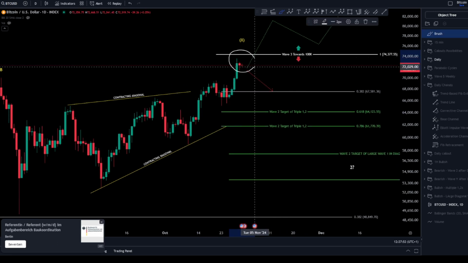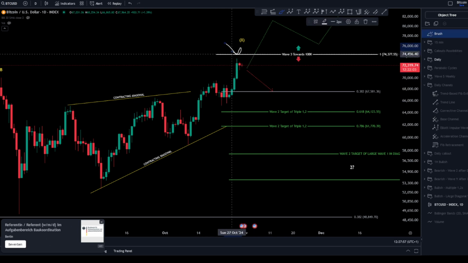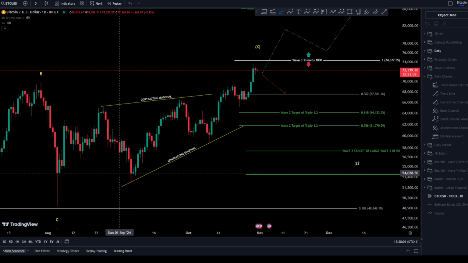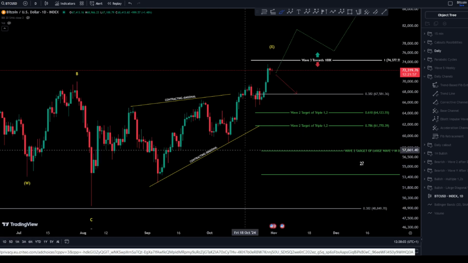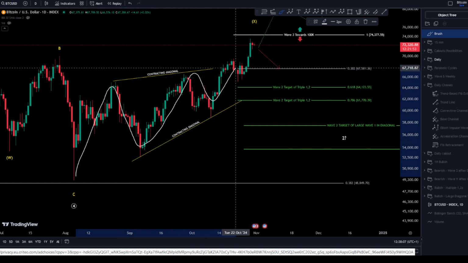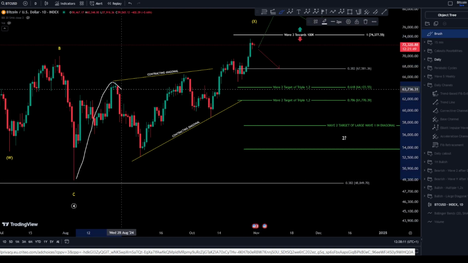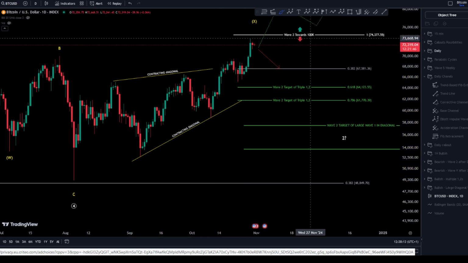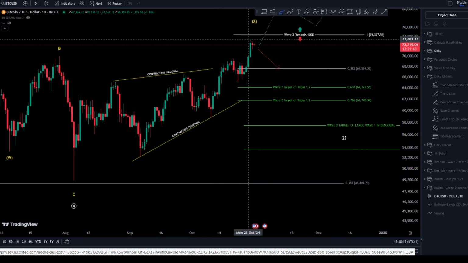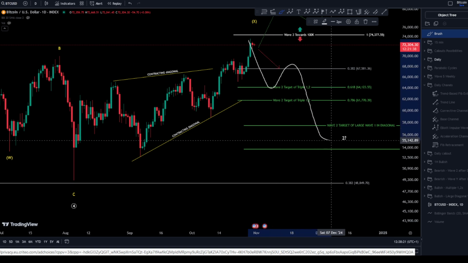Now, for a stronger bearish scenario, if more sellers come in here and do not allow this trend to move up, then of course we are talking definitely about a diagonal finished here as 1, 2, 3, 4, 5, because we need to end the structure here. And then it's going to be our diagonal, which was not invalidated yet. In that case scenario, you are looking for a deeper wave 2 towards the downside.